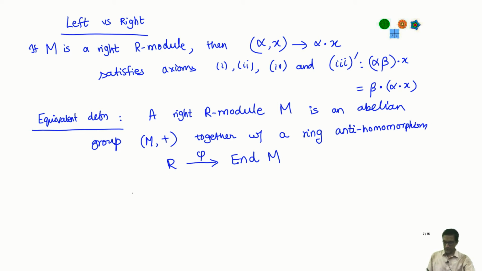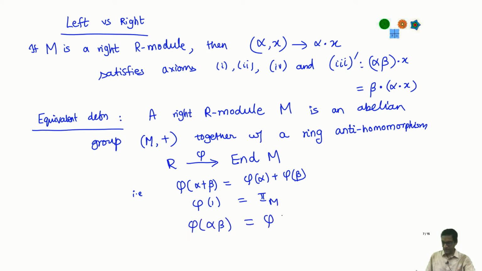So phi from R to End M is almost a homomorphism. Phi of alpha plus beta is phi alpha plus phi beta. Phi of 1 is 1, in this case the identity. These two are okay. But phi of alpha beta is phi beta phi alpha. So it just goes in reverse. This is really what axiom 3 dash now becomes.